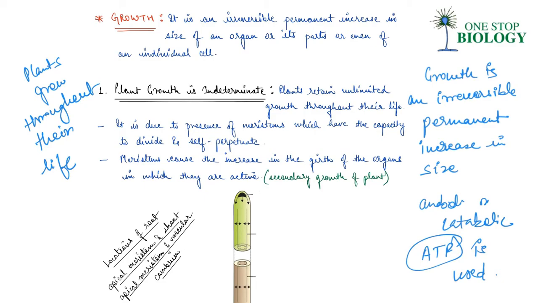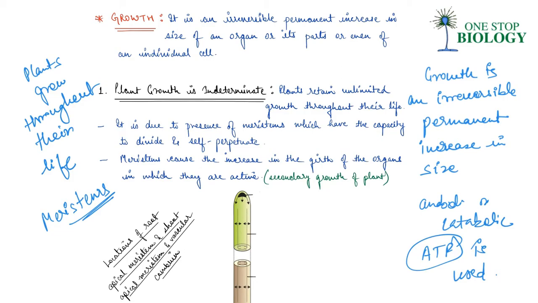Now, basically, what happens is this ability is due to the presence of meristems, right? So there are meristems present at certain locations in the plant body. The cells of such meristem have the capacity to divide and self-perpetuate. Now the cells which are forming, they lose the capacity to divide, and such cells, the cells which lose the capacity to divide, make up the plant body.